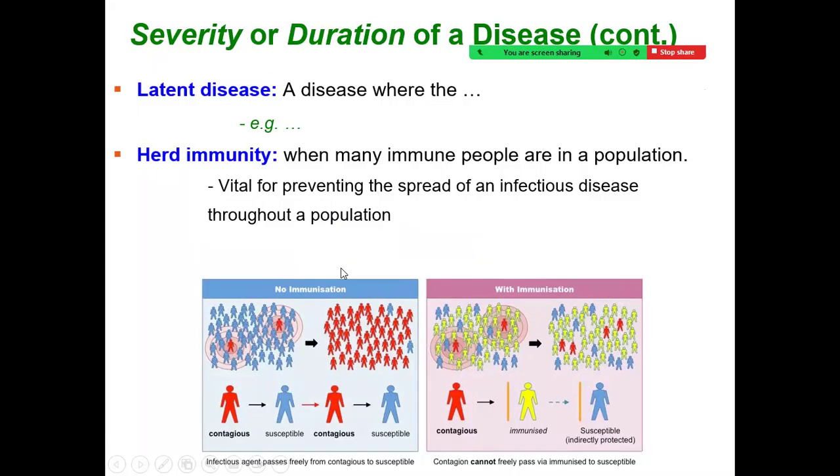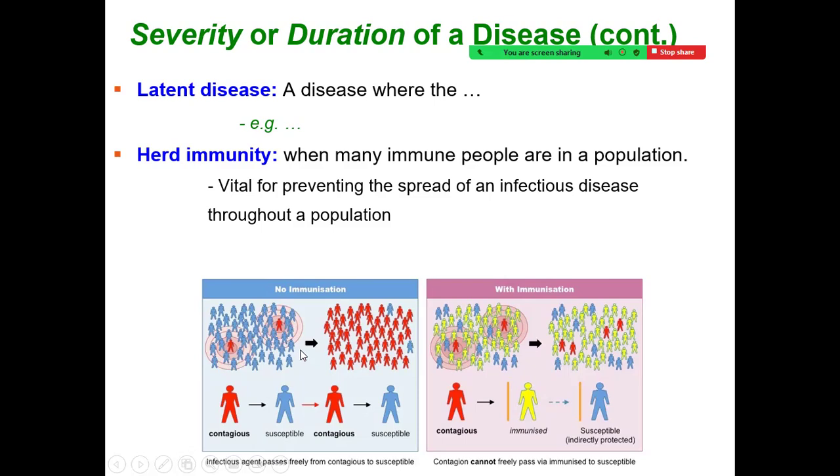So initially, if you have a population with no immunity, and then somebody becomes infected, most of the population will come down with the disease. And this was a concern with COVID-19 when it first came out, because nobody had any immunity to it.